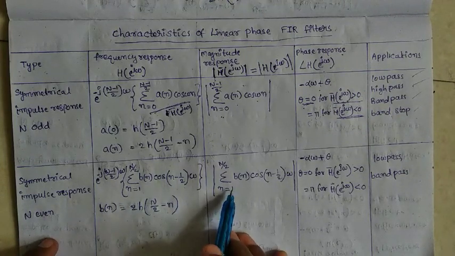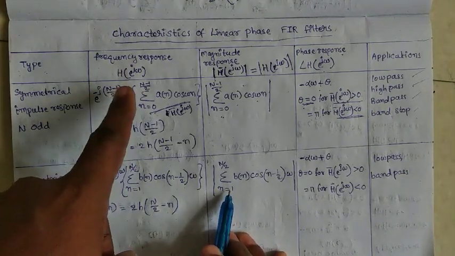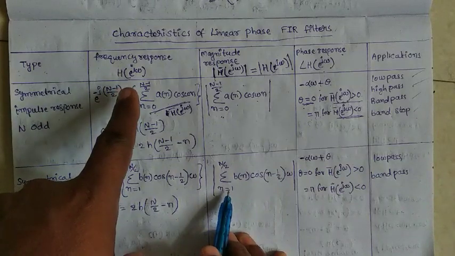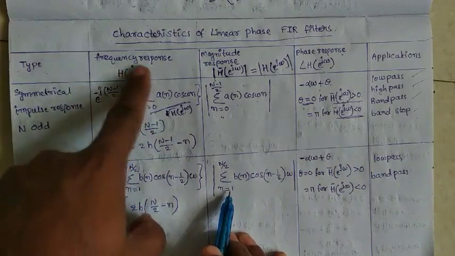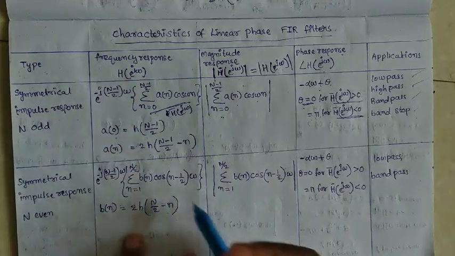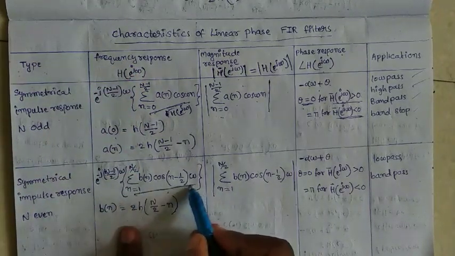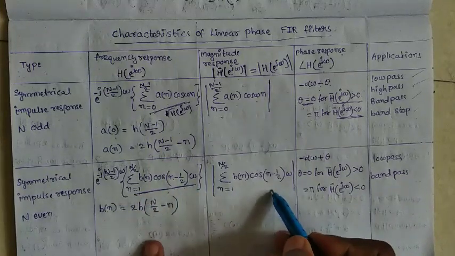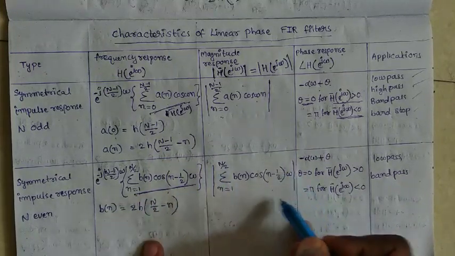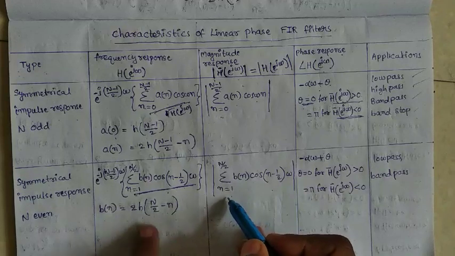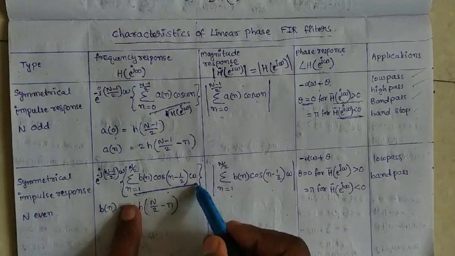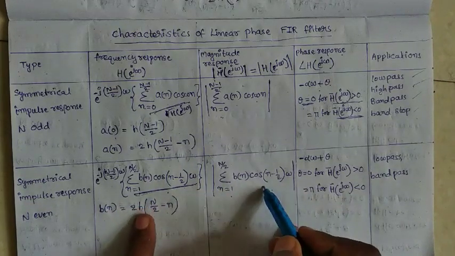Here the magnitude response means the magnitude of H of e power j omega, that is, the mod of H bar of e power j omega.